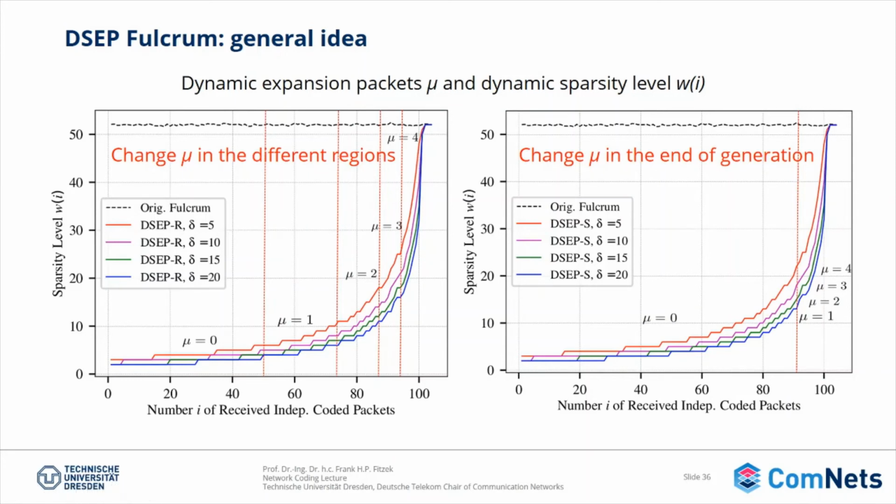On the other hand, in another scheme, we also try to change V at the end of the generation, because you remember that almost all the linearly dependent packets happen at the end of the generation.